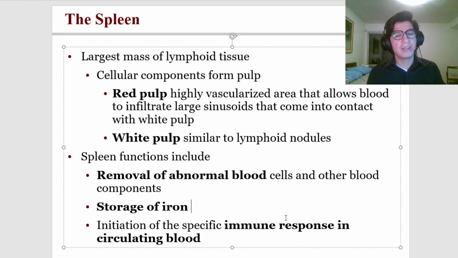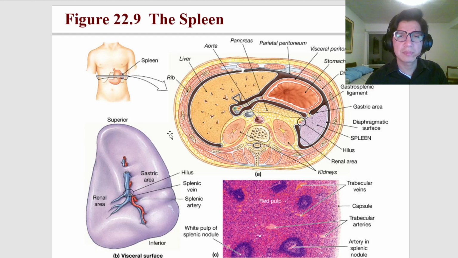We also have activation of the immune system in the lymph nodes, but that's activated by the lymph itself. Here's a view of red pulp. Here's a view of white pulp. In the white pulp, there's usually an artery at the center of these splenic nodules.